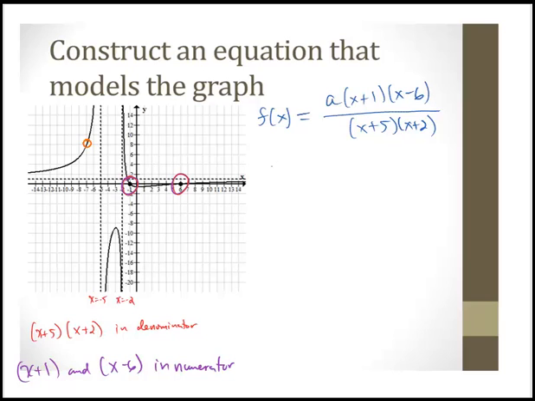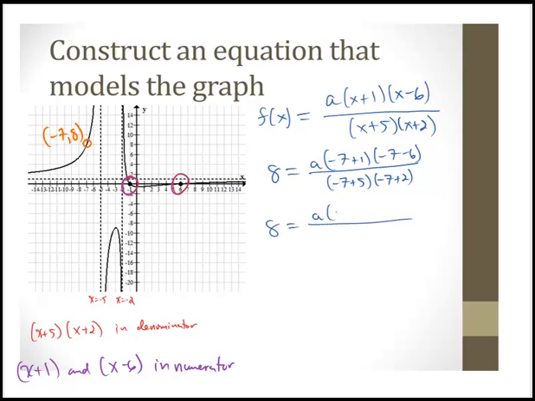Alright, so let's say then, if we have negative 7, 8, that means when x is negative 7, the output needs to be 8. So then I would have 8 equals a times (negative 7 plus 1) by (negative 7 minus 6) over (negative 7 plus 5) by (negative 7 plus 2). So 8 would equal a times negative 6 times negative 13 over negative 2 by negative 5.